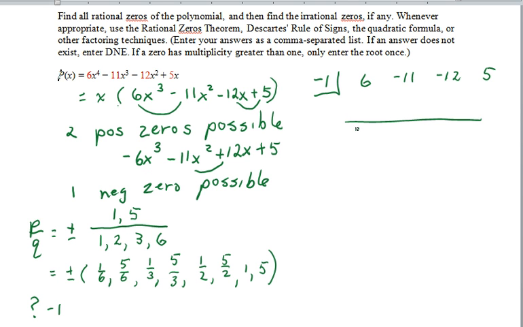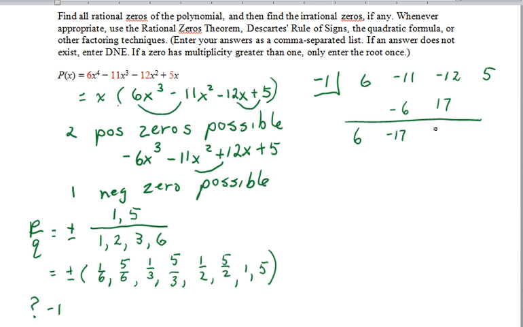So 6 will be the leading coefficient of the quotient. 6 times -1 is -6. Add to -11 is -17. Times -1 is 17.